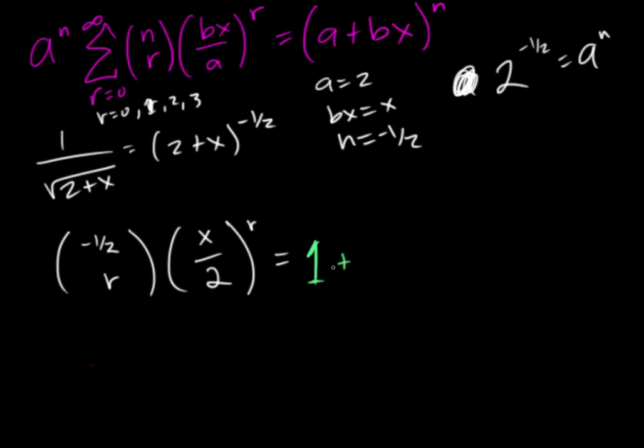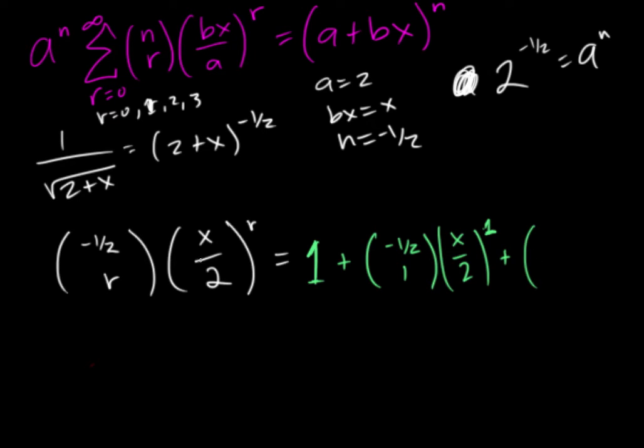Next thing, if we do this next part, we're going to get negative 1/2 choose 1, and we get x over 2 raised to the 1.